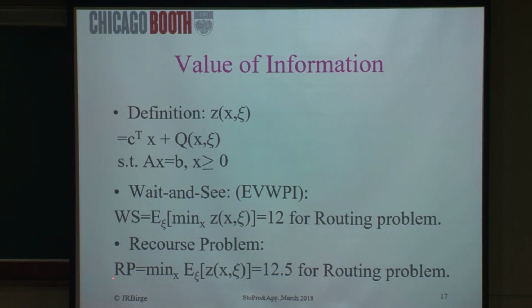But as I said, if I solve the recourse problem where I make my decision not knowing, but only minimizing the expectation of this value up here, which would be the expectation of how much I'm going to pay for routing, given the uncertainty. Okay, so my recourse function value is 12.5. Wait and see value is 12.